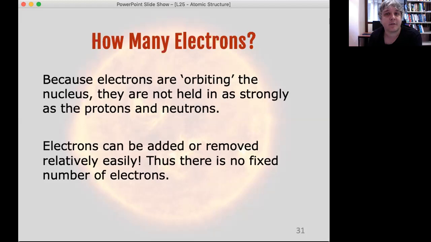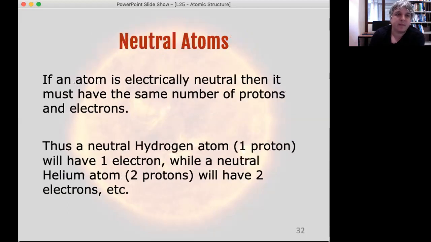So the sum of everything I was just saying on this slide is that electrons can relatively easily be added or removed. If an atom is electrically neutral, then it must have the same number of protons and electrons. Remember that protons and electrons have exactly equal and opposite electric charges. So if you take 1 proton and 1 electron, you have a net electric charge of 0.